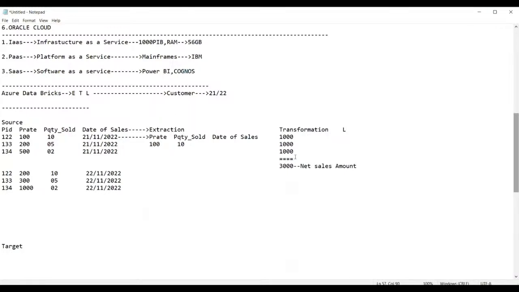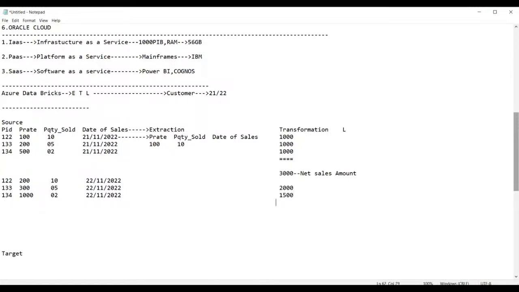This you are doing under the process of transformation. Now, it is done for the 21st day. What about the 22nd day? Please help me out in this. For the 22nd day, 200 into 10 means 2000. 300 into 5 means 1500. 1000 into 2 means 2000.